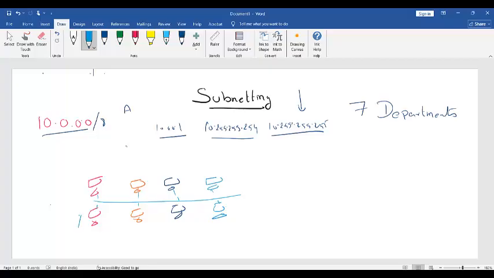And if a broadcast is sent from here, it will go to everyone. So this is a waste of bandwidth and CPU utilization for these members.